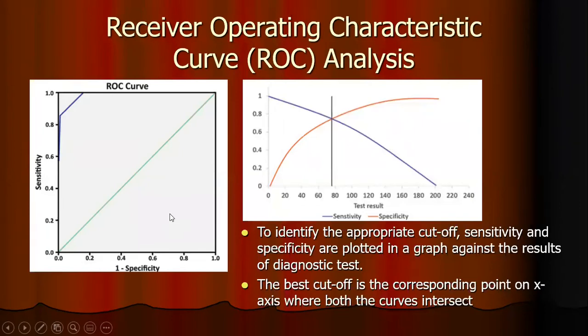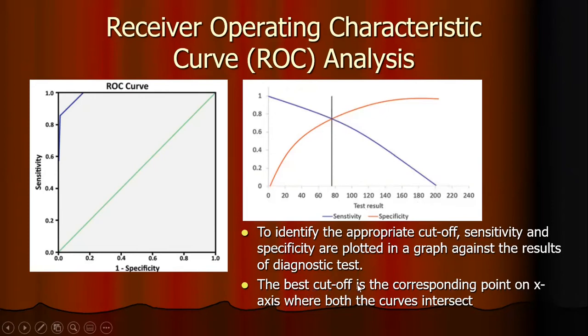So this is the magnified view of the ROC curve. In order to identify appropriate cutoff, sensitivity and specificity are plotted in a graph. So this is the sensitivity graph and this is the specificity graph against the result of the diagnostic test. These are the results of the diagnostic test.